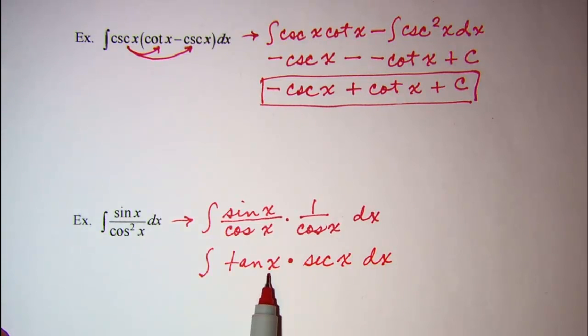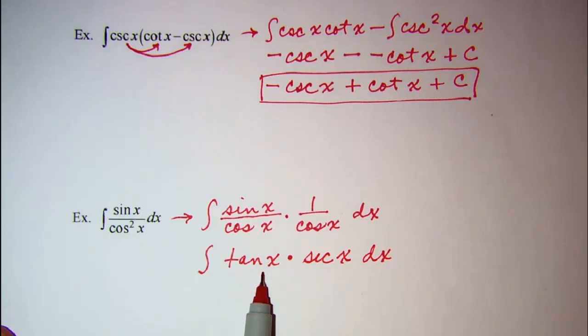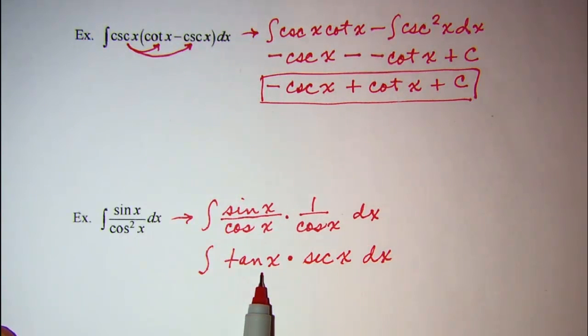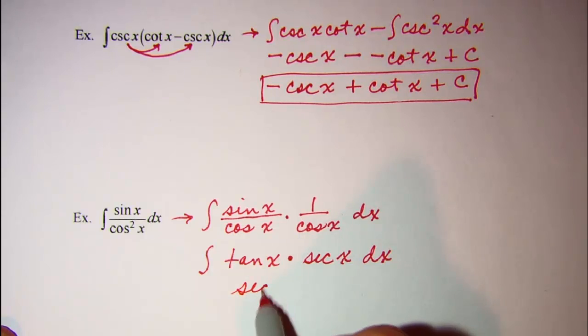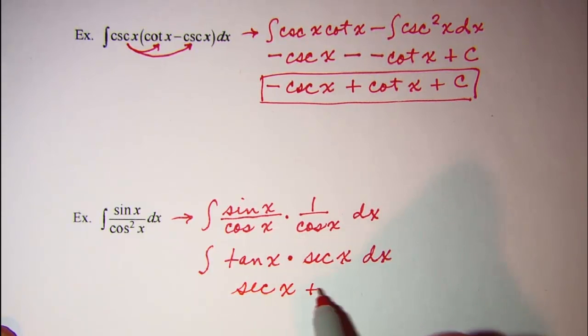So now I check my rules to see if there's one for the integral of tangent x secant x, and I see that the integral of secant tangent is secant x plus a constant. So this is going to equal secant x plus a constant.